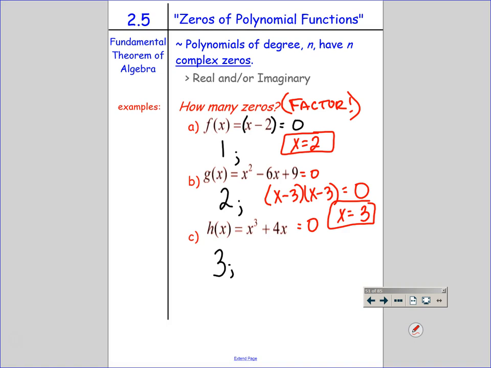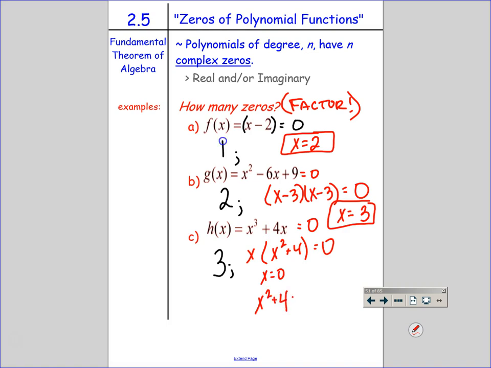You factor out the x, the GCF. Good. What's left? x squared plus 4, and then that could be changed to x plus 2, x minus 2. Anybody who said x plus 2, x minus 2?